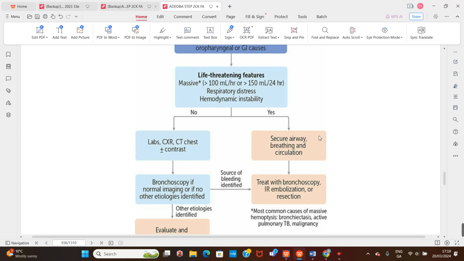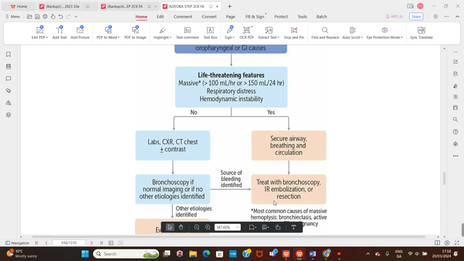Check breathing, give oxygen; circulation, administer intravenous fluids, emergency blood transfusion. Then your temporary measure, which is bronchoscopy. You want to do tamponade, thermal ablation, or administer epinephrine, right?